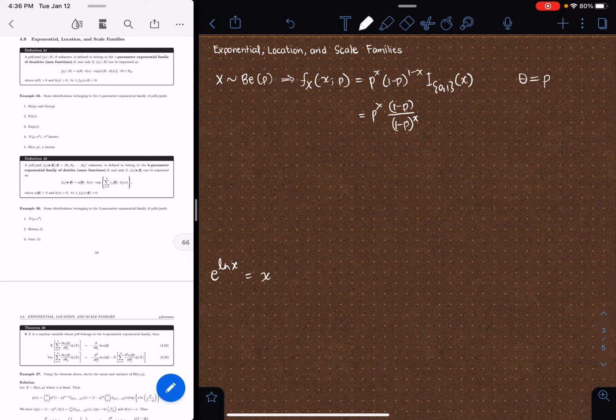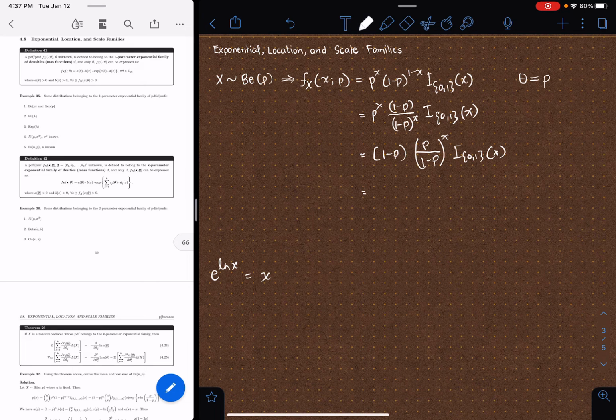And then we have I sub 0,1 of x, the indicator function, and then we will group these two terms here, I mean these expressions p to the x and 1 minus p to the x, so we can simplify them. Thus we can write the mass function as 1 minus p times p divided by 1 minus p, this expression raised to the power x, times I sub 0,1 of x.